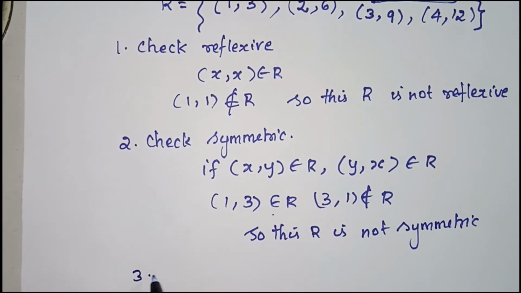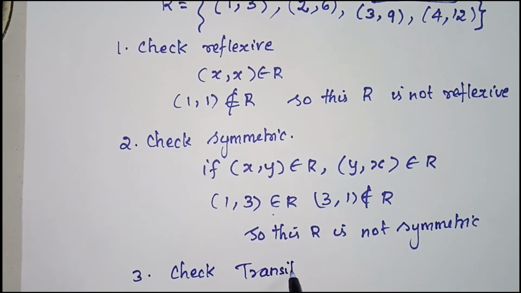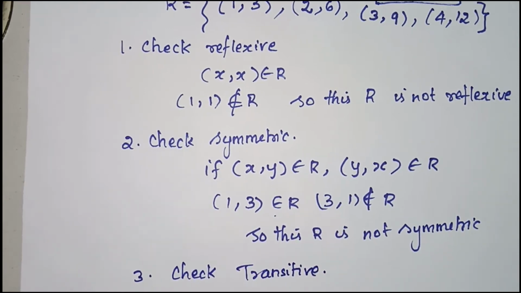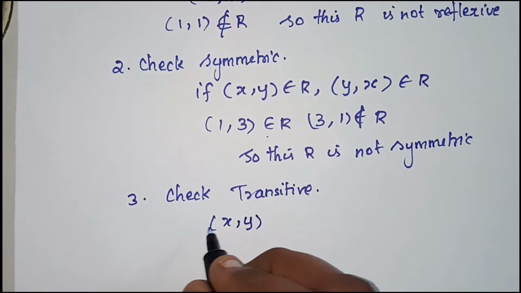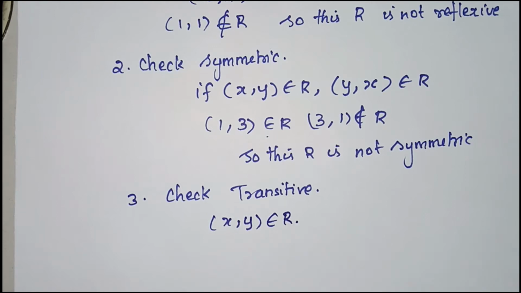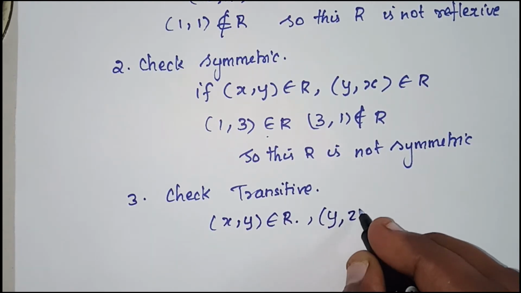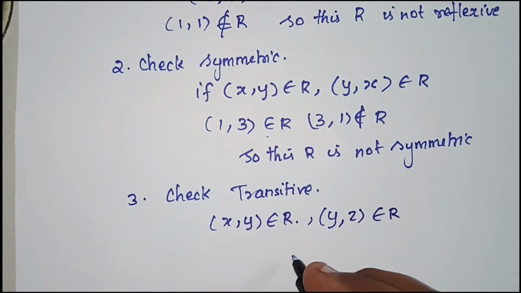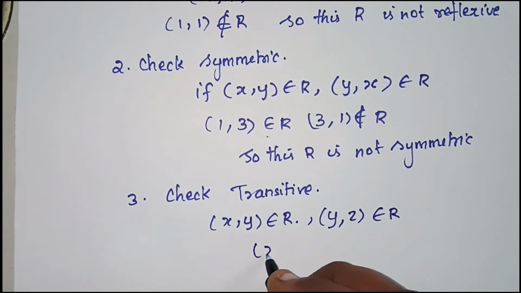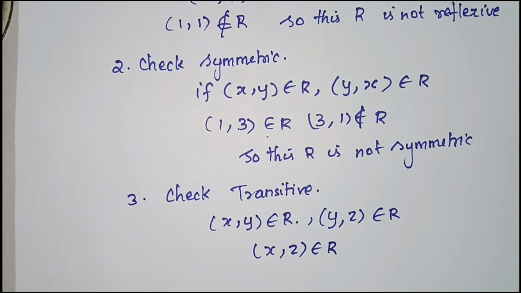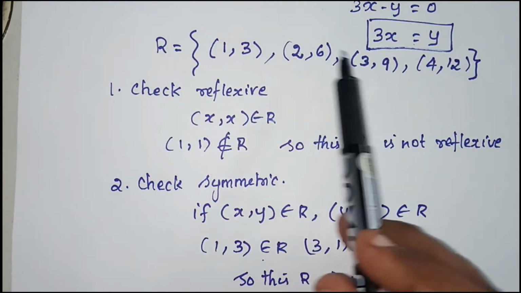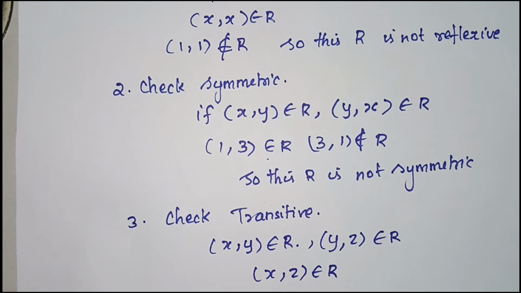Next, transitive. What is meant by transitive property? Transitive property means if (x, y) belongs to the relation and (y, z) belongs to the relation, then automatically (x, z) belongs to the relation, right? So we can take two pairs in this relation. I can take (1, 3), which belongs to this relation.